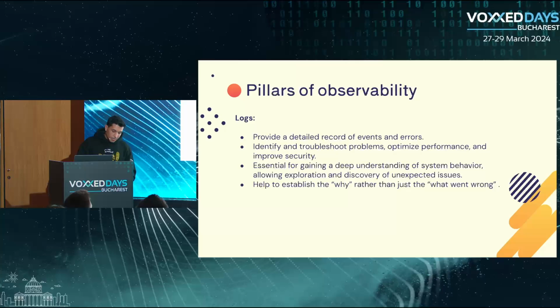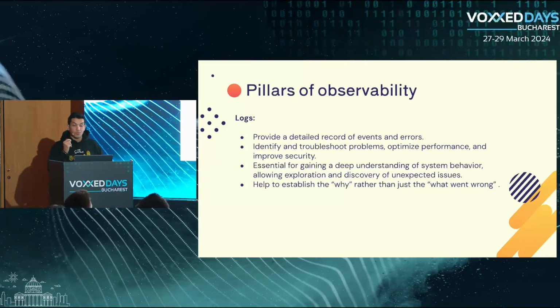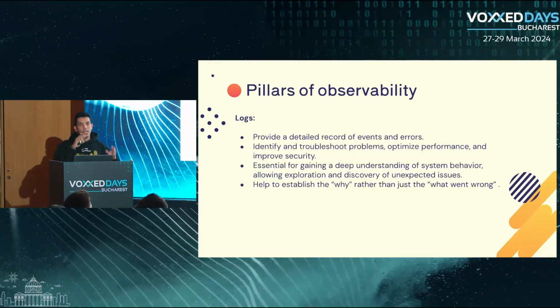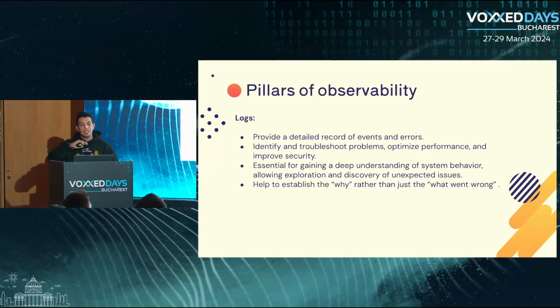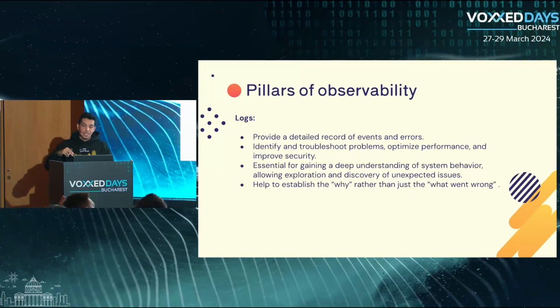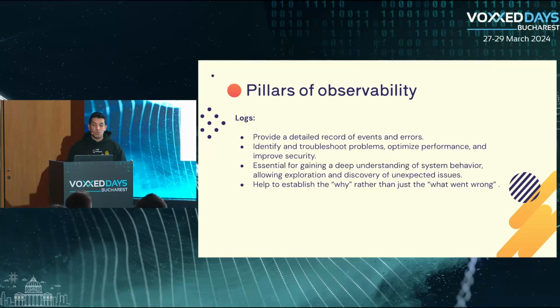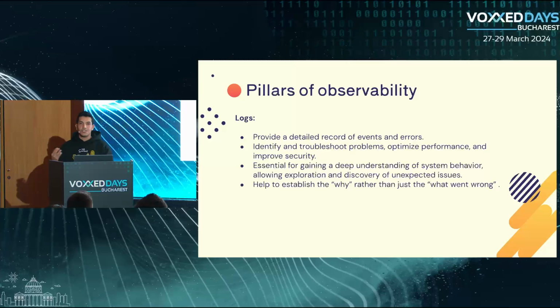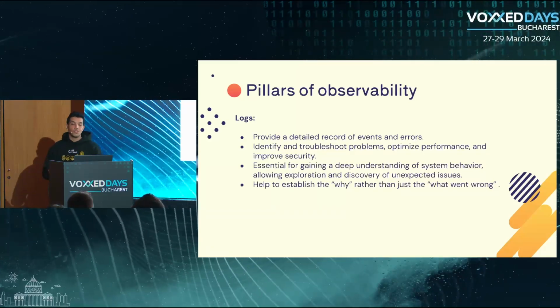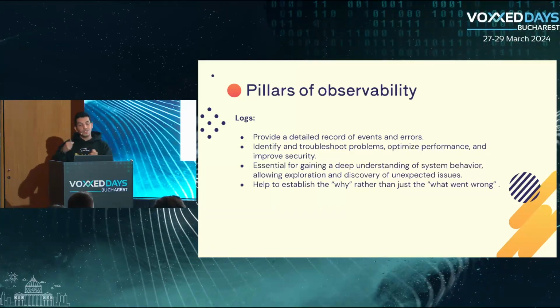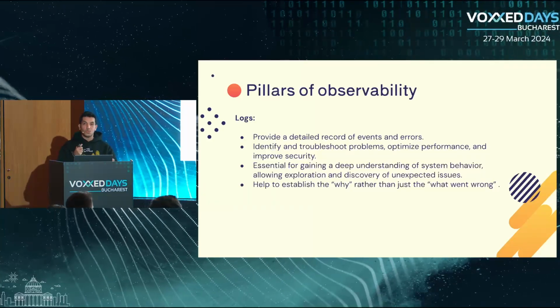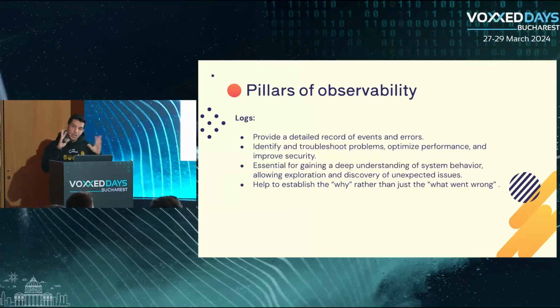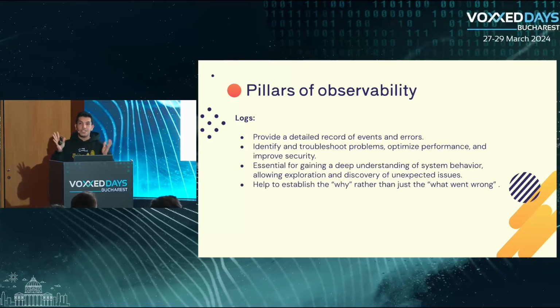Logs are simply time-stamped records of events. If something happened, we log it, and it helps us understand what we call the why. It helps a lot to understand why our users are facing such issues, what a specific user is experiencing, what a specific event was triggered, and why.